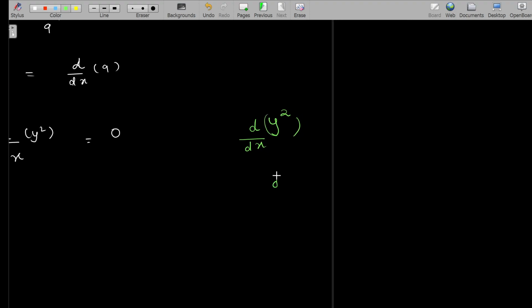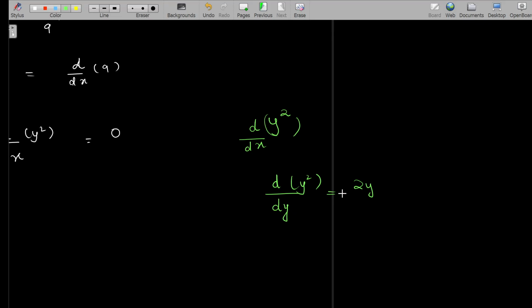See, if you had to differentiate y square with respect to y, if it was d by dy of y square, so this is differentiating y square with respect to y, then it would be simply 2y.